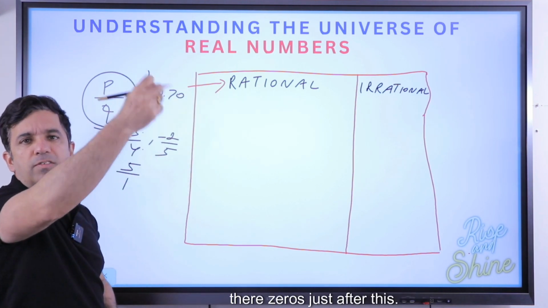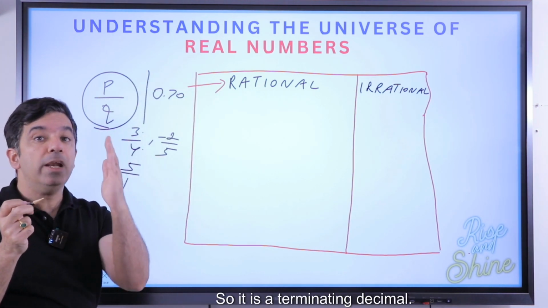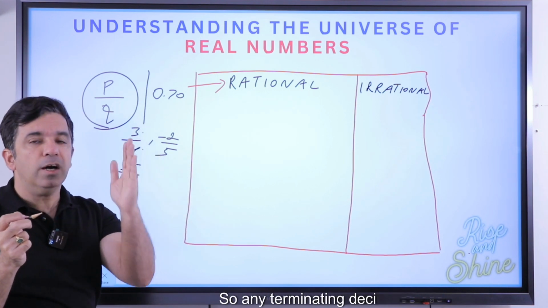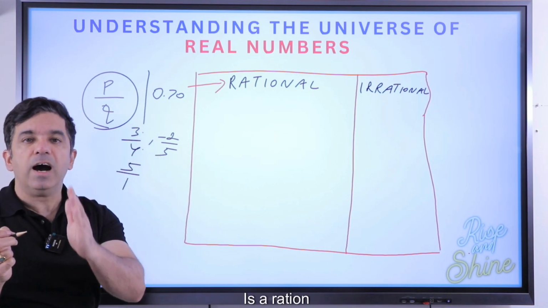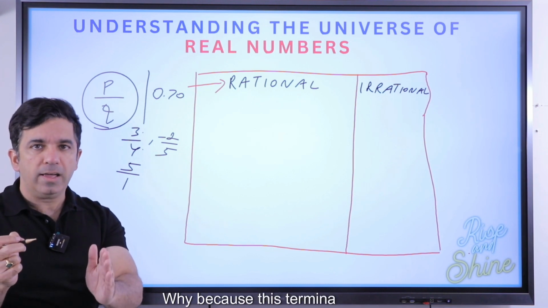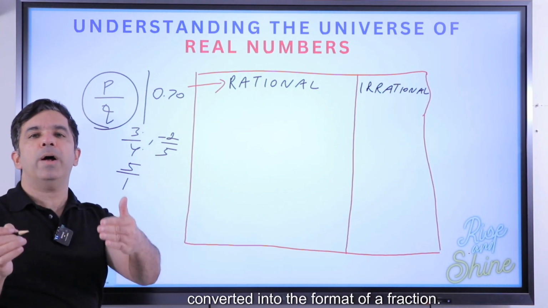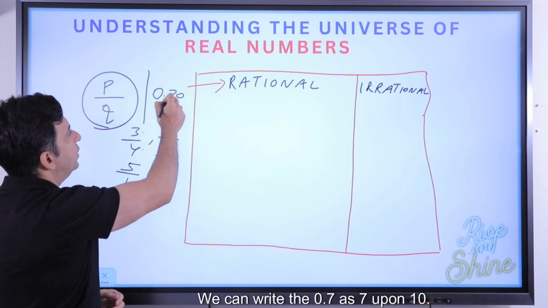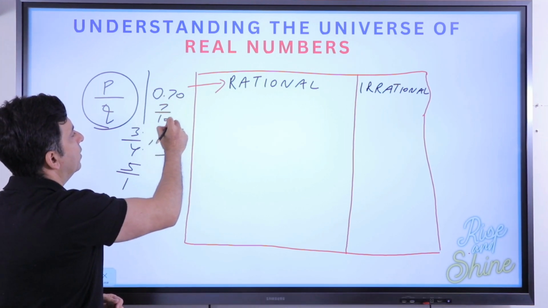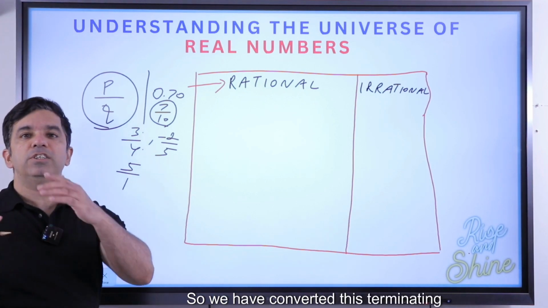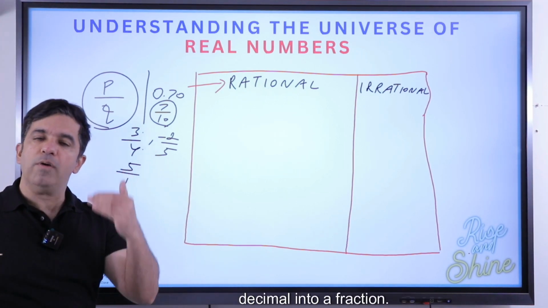So there are zeros just after this. So it is a terminating decimal. Any terminating decimal is a rational number. Why? Because this terminating decimal can be converted into the format of a fraction. We can write this 0.7 as 7 upon 10. So we have converted this terminating decimal into a fraction.